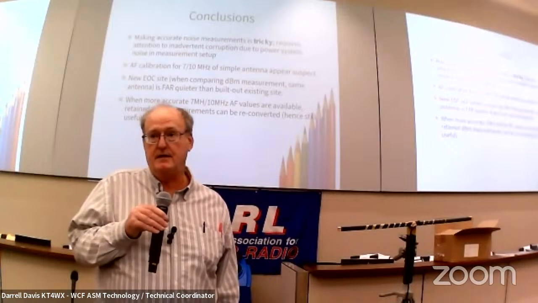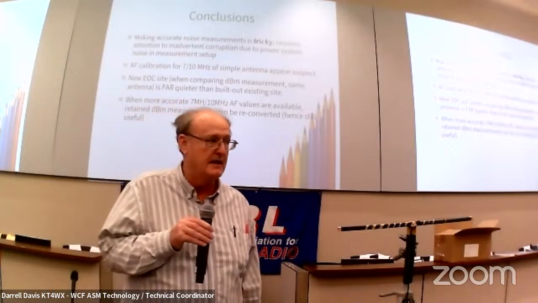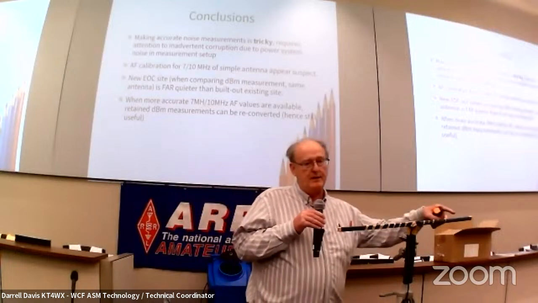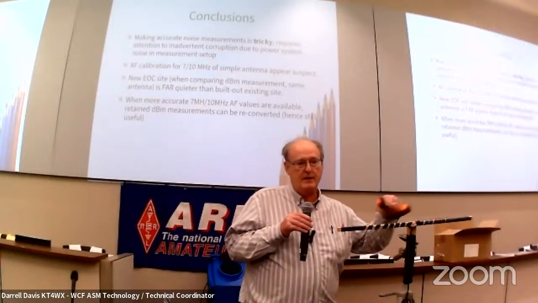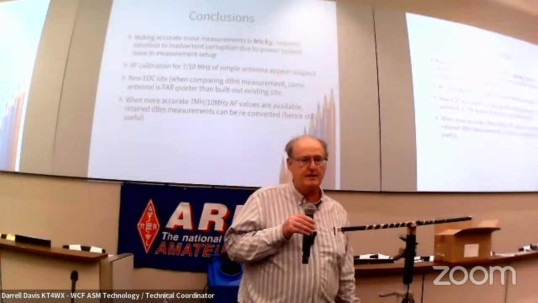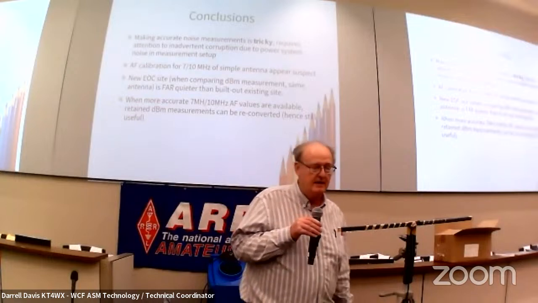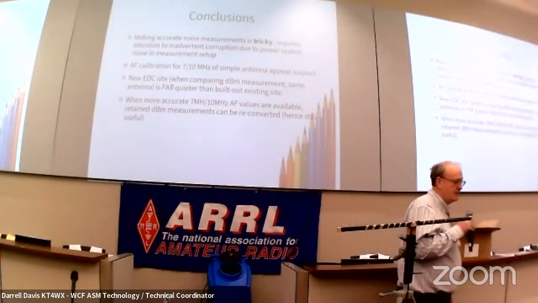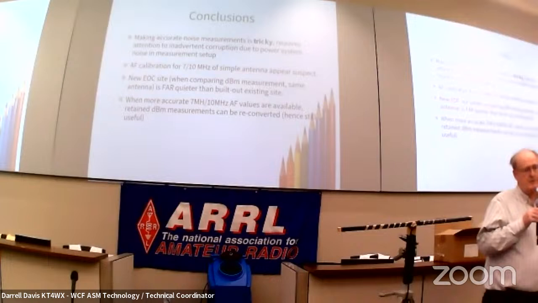You can calculate the antenna factor yourself. If you want to be able to carry it around, then you want to build something like this, and you want to get me to finish the calibration of it so you don't have to pay the $3,000 to buy their thing. And if I can get this published in QEX, then we'll actually have a paper you can refer to, and then we can all measure noises.